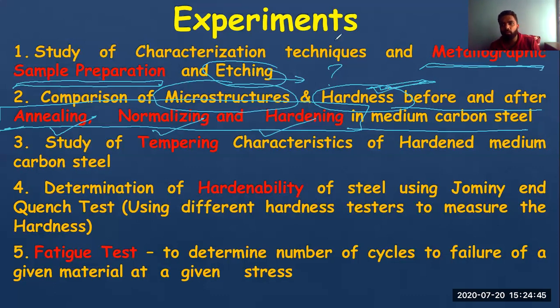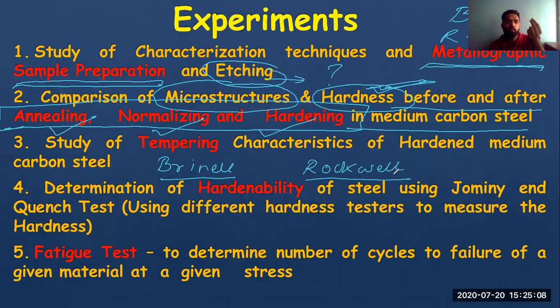The hardness value can be found by using a number called BHN, or also RHN. When you get into SOM, you will learn about Brinell hardness number and Rockwell hardness number. You can specify the hardness of any material in terms of Brinell or Rockwell hardness number. This is one of the constants to measure the hardness. You have to prepare the sample, view its microstructure, and know the hardness value in terms of BHN or RHN.